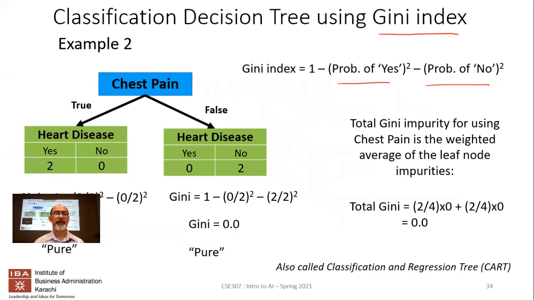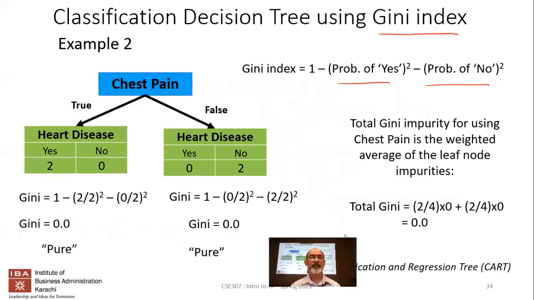So let's see how this performs. In the chest pain case, if you ask the question, it's going to be 1 minus the probability of yes, which is 2 upon 2, minus the probability of no, which is 0 upon 2, squared. This comes out to be clearly 0 because 1 minus 2 upon 2 squared is 1 minus 1.